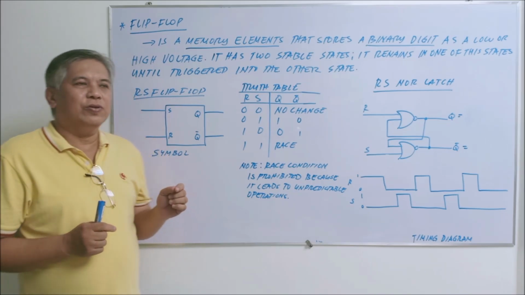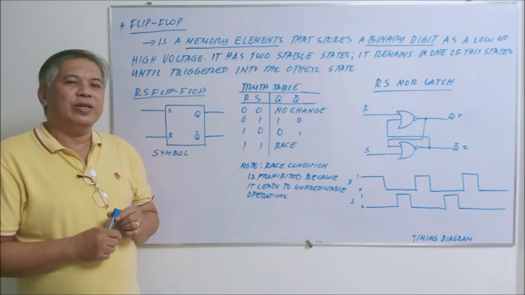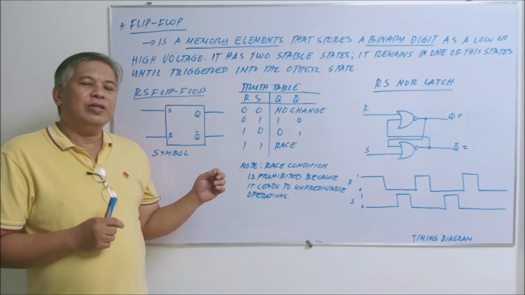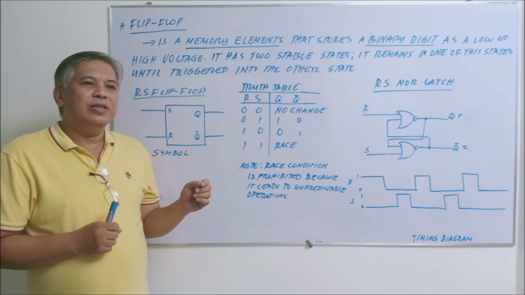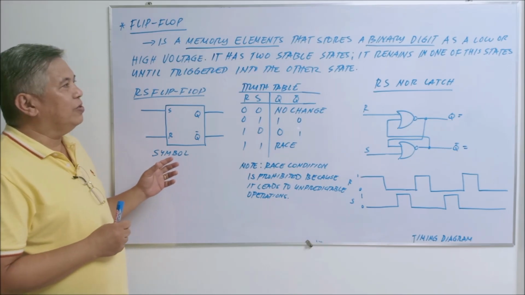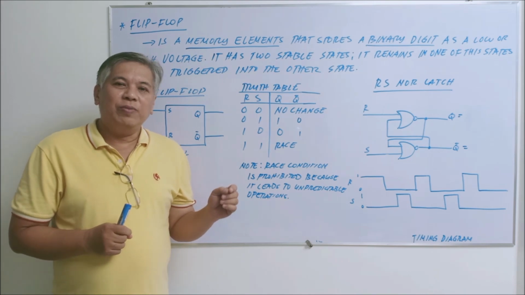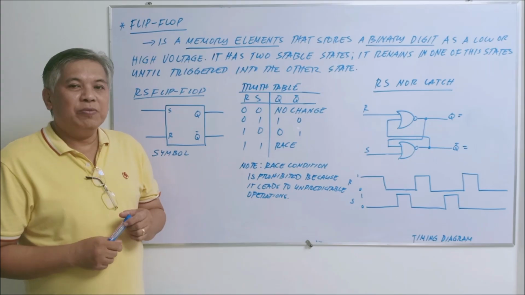Now, we have the so-called external memory and you have the internal memory. Let's say, for example, for external, you have your USB, you have your hard disk, or your CD-ROM, no? And for the internal memories, you have your random access memory, or RAM, and the read-only memories, okay?